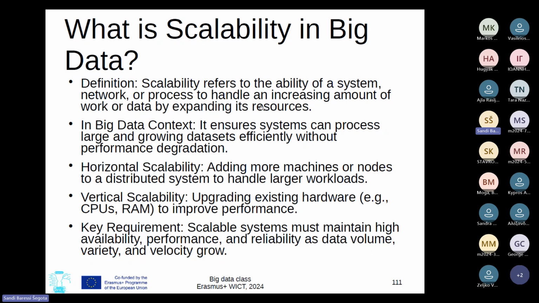So think of it this way: scalability isn't just a big data term, it's a general business term. You have probably heard of the term scalability if you're in business. How well can your business scale? That's a problem, for example, with manufacturing. If you're manufacturing something, it can scale easily.